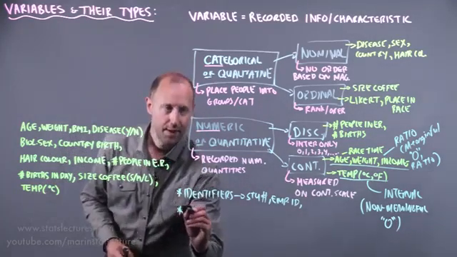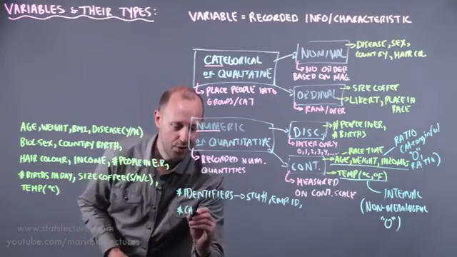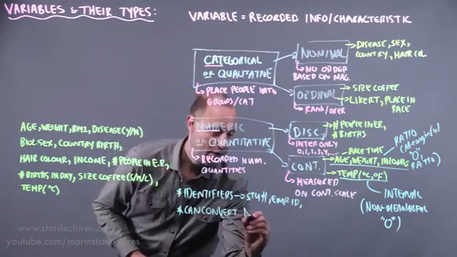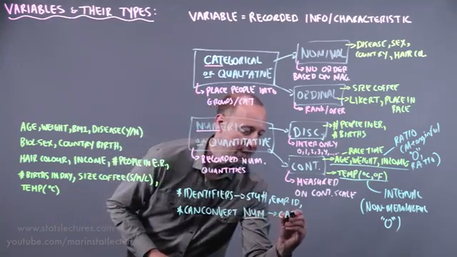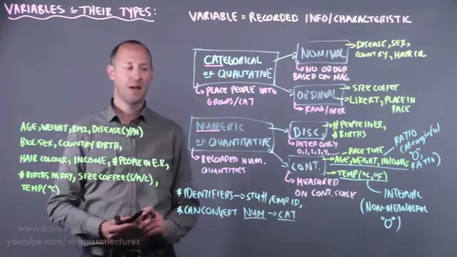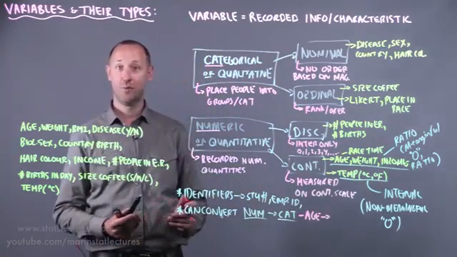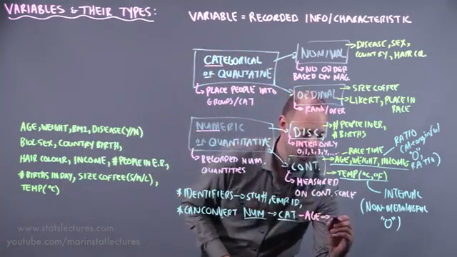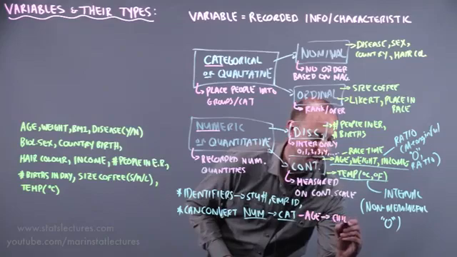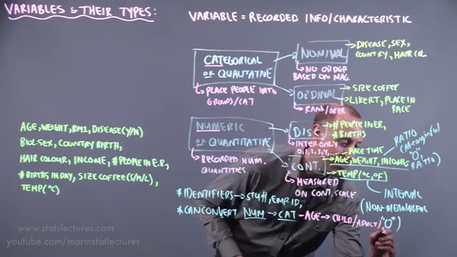Another important note is that you can always convert numeric variables into categorical variables. So for example, we can take something like age, and rather than using numeric age, we can convert that or break it down into, say, child, adult, and senior.